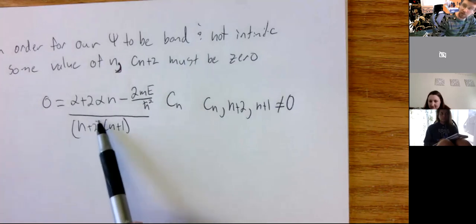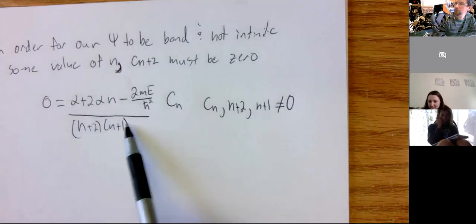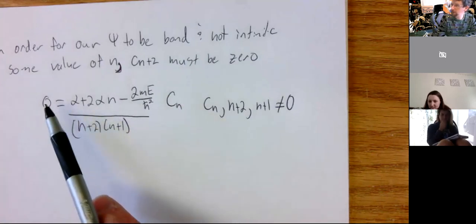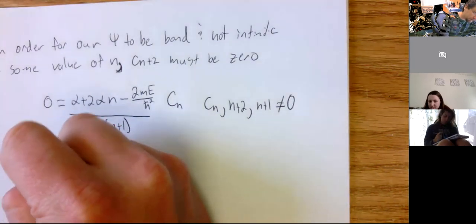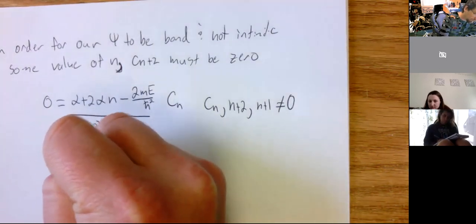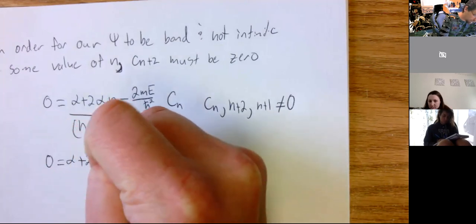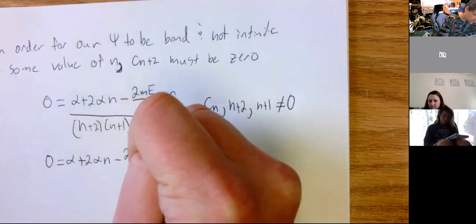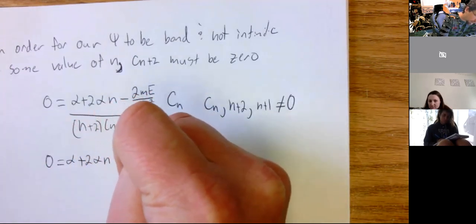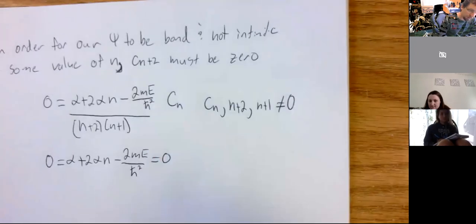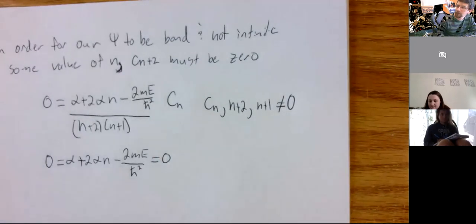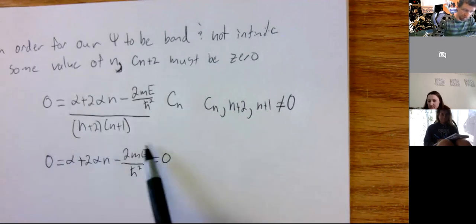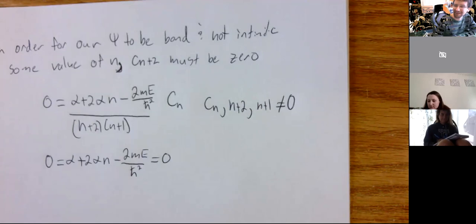Now what we can do is shuffle that over to the side with 0, and we're left with this expression: alpha plus 2 alpha n minus 2mE over h bar squared is equal to 0.